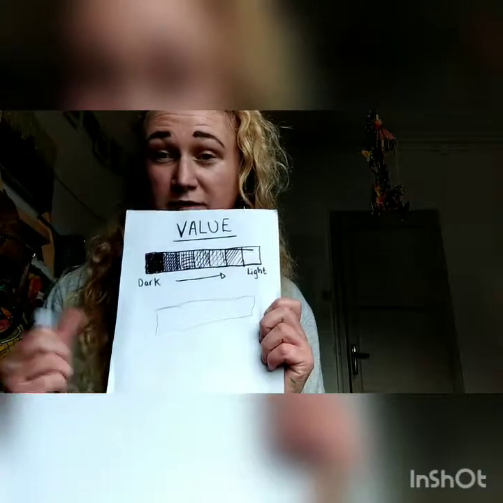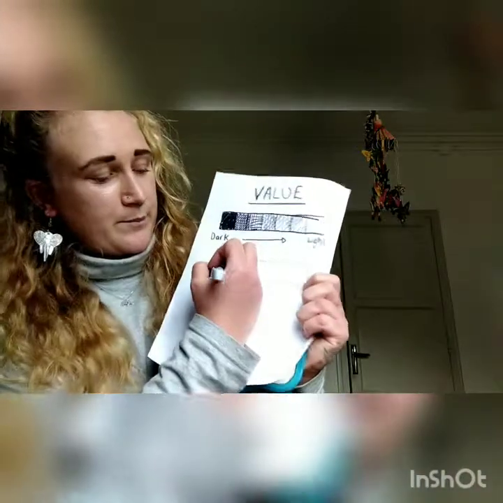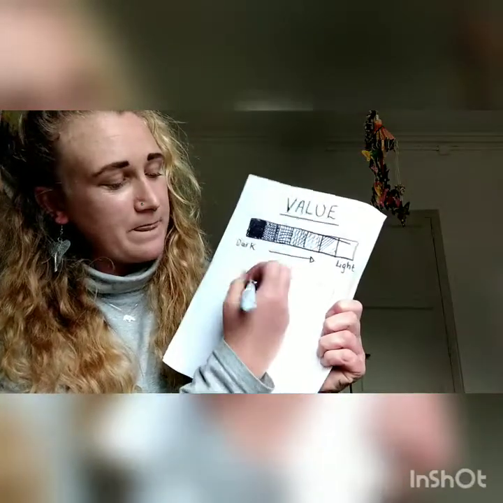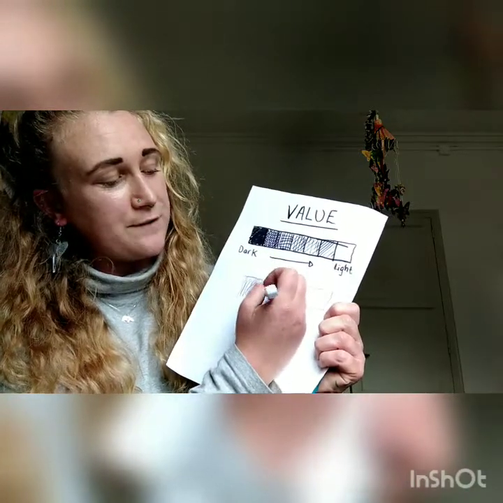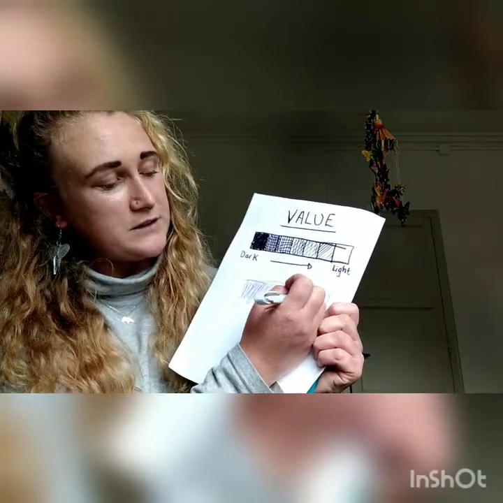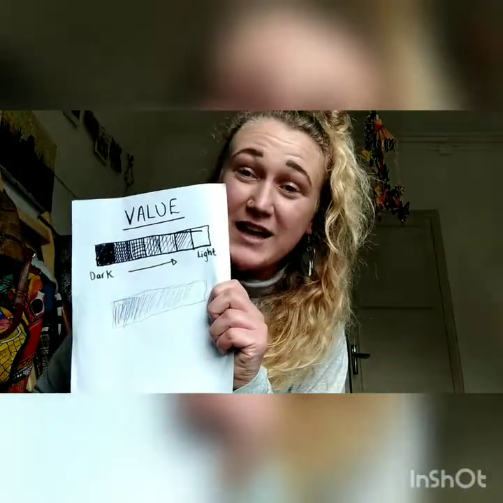You just need to draw a rectangle like this, and you start pressing your pen very, very hard, as hard as you can. And then you slowly go softer and softer and softer. So you get a range of dark to light. Why don't you try and make your own value scale at home?